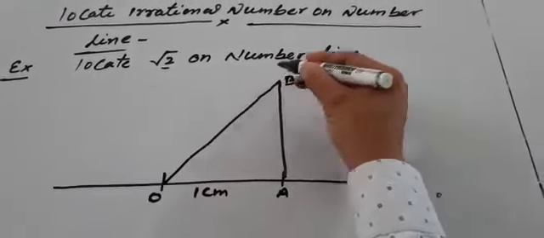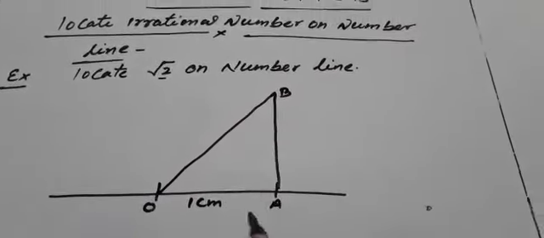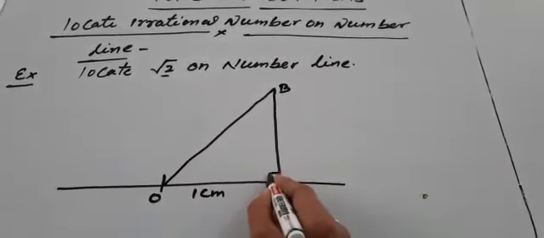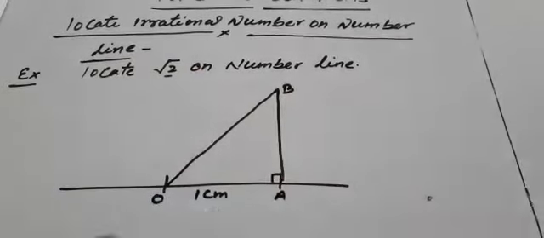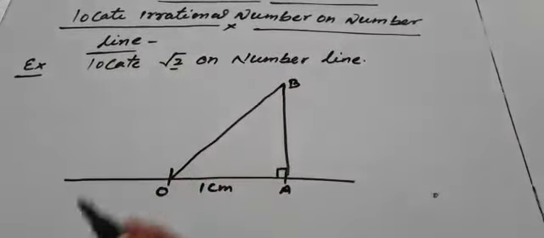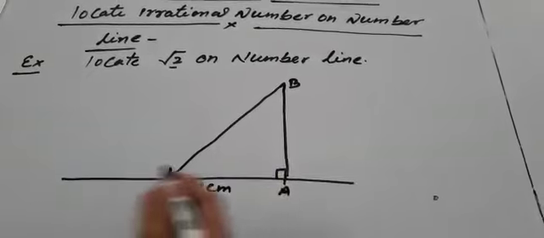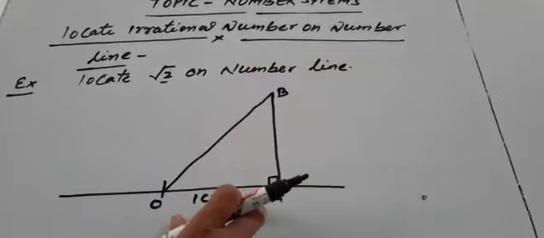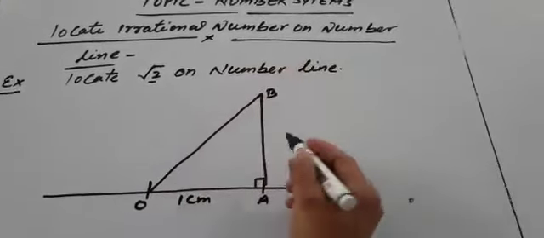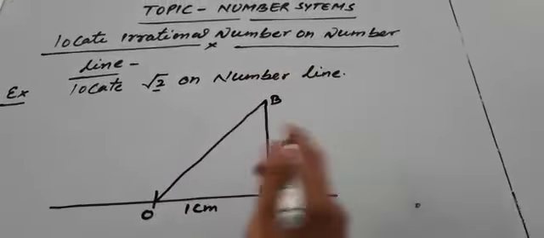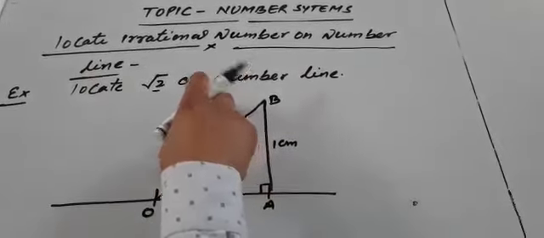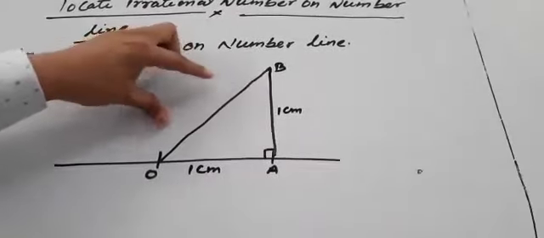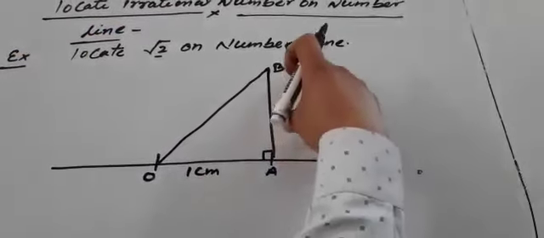Geometrically we draw it with the help of a scale and compass. As you can see, this is a right angle triangle, so we apply the Pythagoras theorem. This one is 1 centimeter and this one is also 1 centimeter. By the Pythagoras theorem, hypotenuse square equals base square plus perpendicular square.